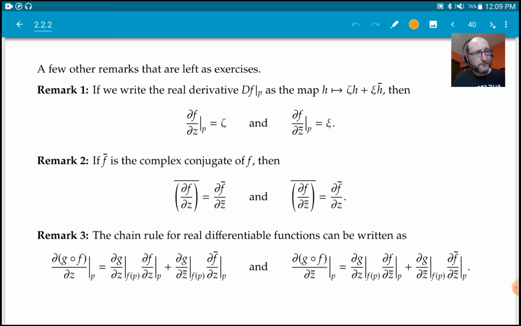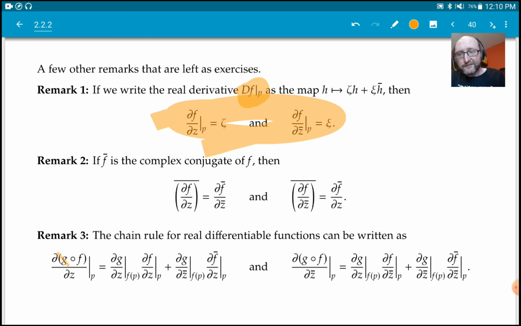Any real differentiable function will satisfy this chain rule. It's basically writing the real derivative, this df, in terms of the z and z bar derivatives. If you write out what it means, it means exactly what you would think it would be if they were separate variables.